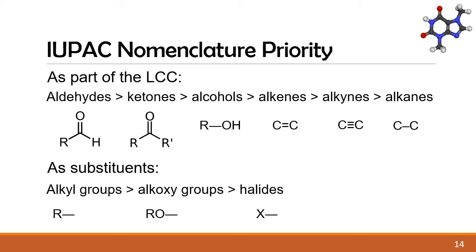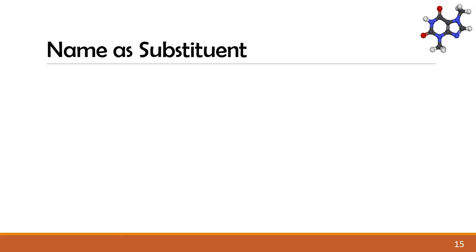As substituents, the order of priority from highest to lowest is alkyl groups, alkoxy groups, and halides. Aldehydes and ketones are not the highest priority functional groups among all functional groups in organic chemistry.